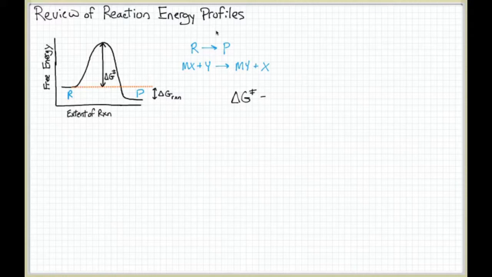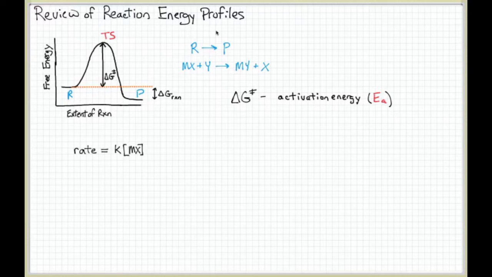That transition state free energy, also called the activation energy for the reaction, is written as E sub A. The peak represents the structure of, or the energy of, the transition state, so somewhere between reactants and products.